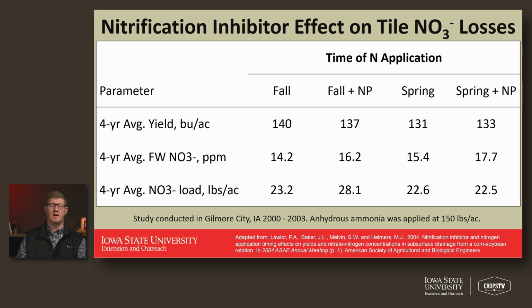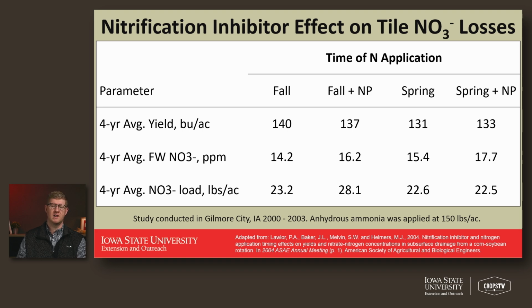The middle row, where we look at that flow-weighted nitrate concentration, really no difference in nitrate concentrations with or without an inhibitor, and really no difference whether you look at a fall application or a spring application of nitrogen. And then finally, on the bottom there, nitrate load, again, no difference with or without an inhibitor.